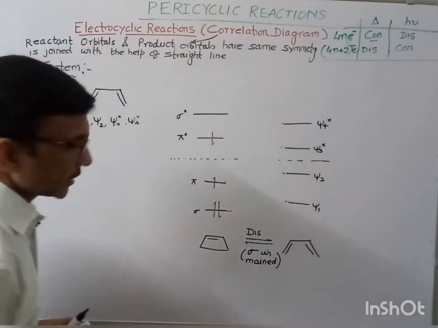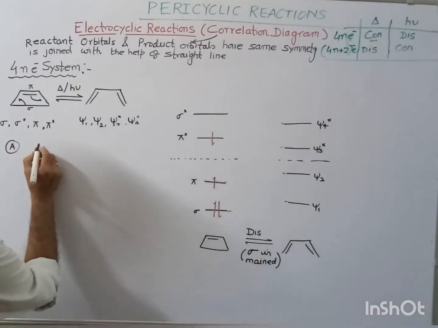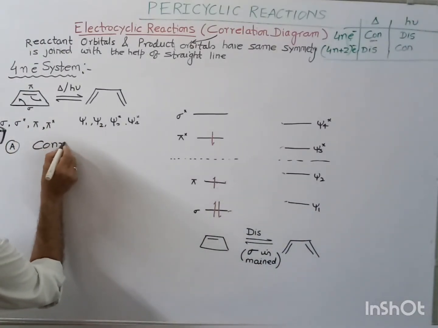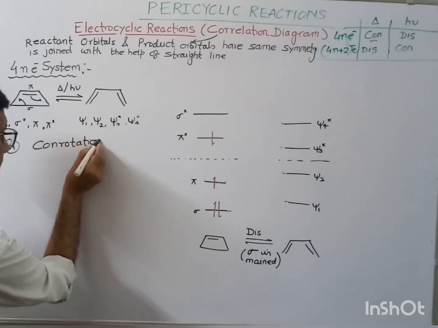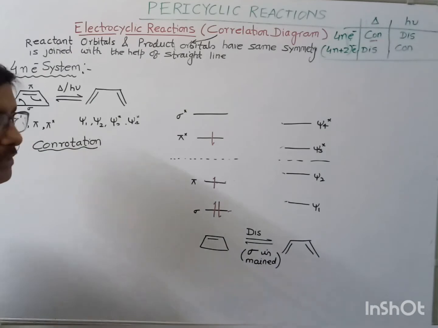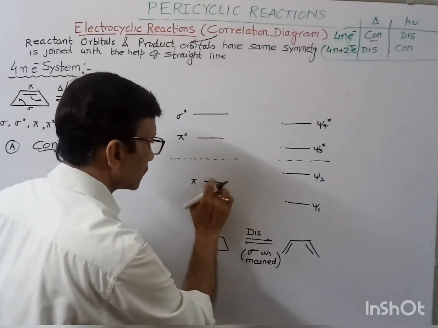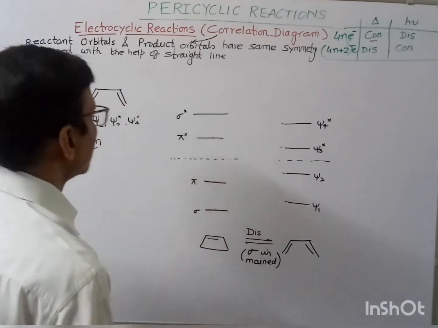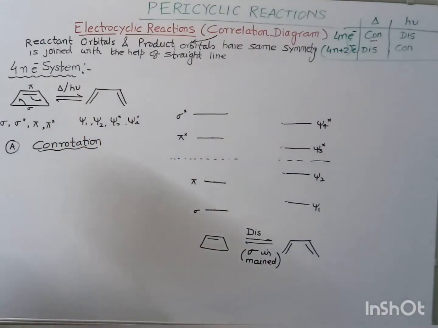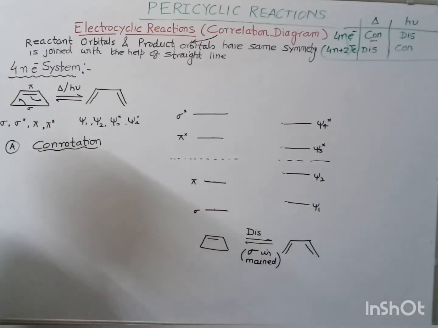Okay, so let's see when orbitals undergo conrotation of orbital. Now, during conrotation, which symmetry is maintained?